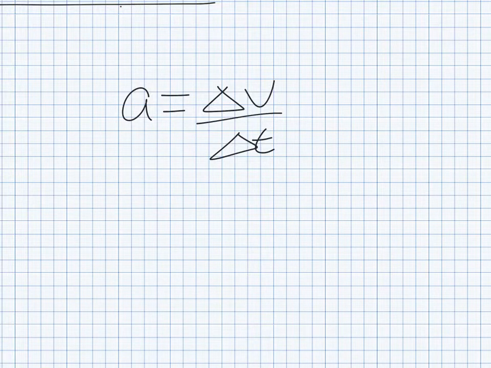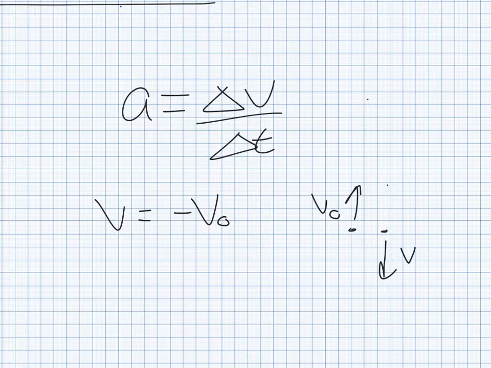And for an object that you launch, it's going to go up, it's going to peak, and it's going to come back down. So we can say that v is going to be equal to the negative of v0. One will be going up and one will be going down, but they will have the same magnitude, right? And the acceleration is the same for both.